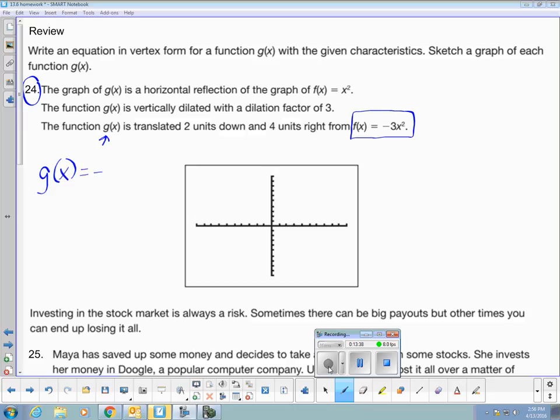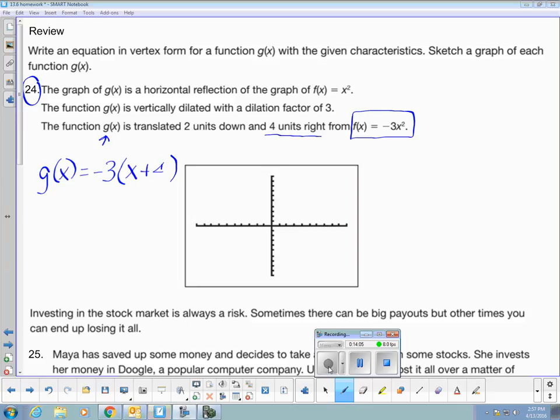Because I want it to open down and vertically dilate by a dilation factor of 3, I need to begin with my a value as negative 3. So my dilation factor is 3, and we want it to open down, so I have negative 3 for my value of a.